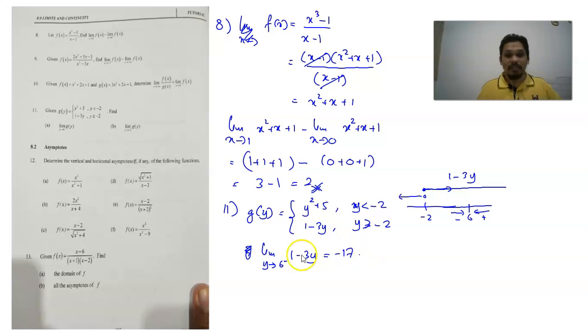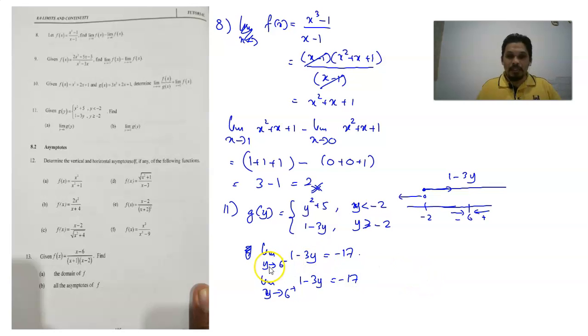Negative 17. And also the limit as y approaches 6 from the right. When y approaches 6 from the right, we are also referring to the same function, 1 minus 3y. Substitute y equal to 6 here, 3 times 6 equal to 18, 1 minus 18, negative 17.